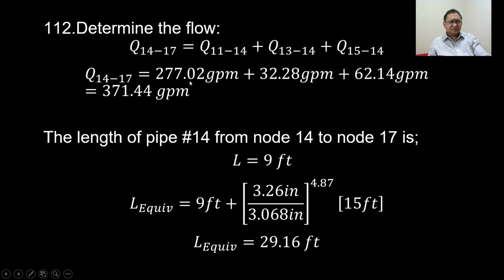So 277.02 GPM plus 32.28 GPM plus 62.14 GPM, and the result will be 371.44 GPM.